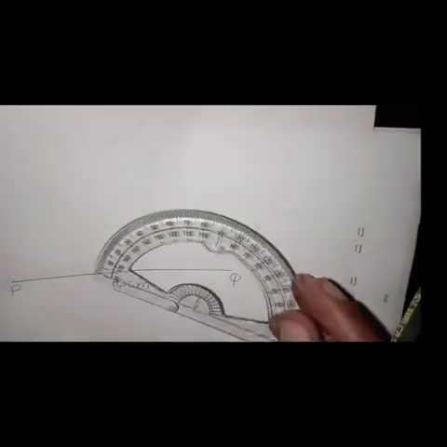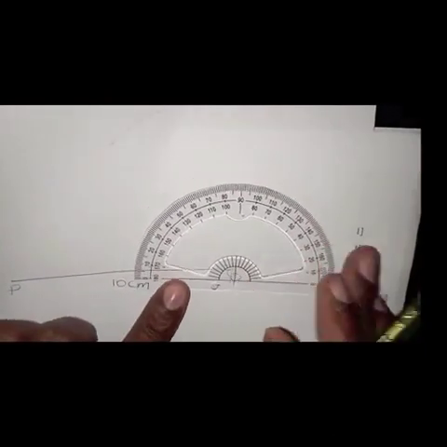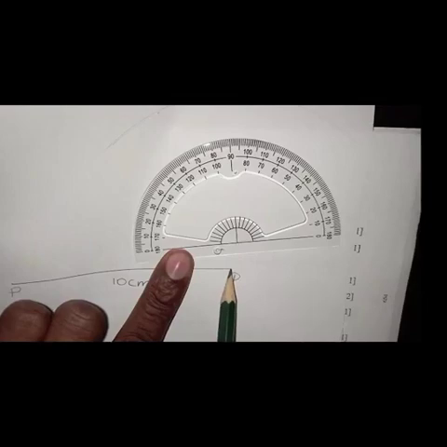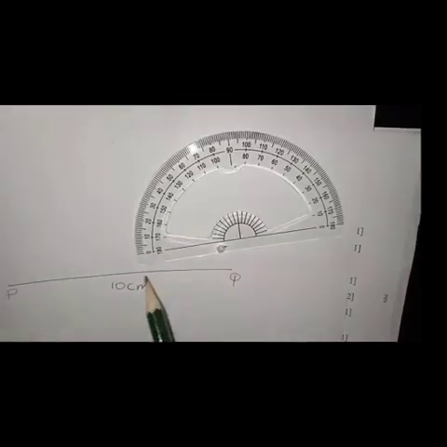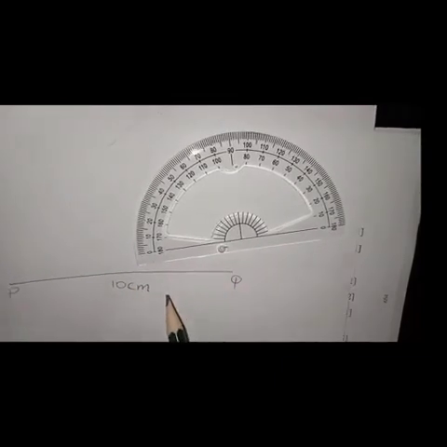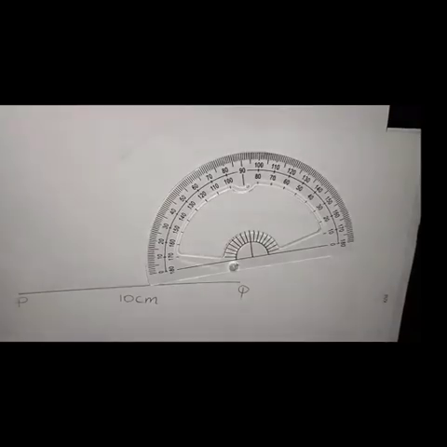Get your protractor. So as you can see, this part must be at Q. This black straight line must also lie on this line you have drawn with a pencil.